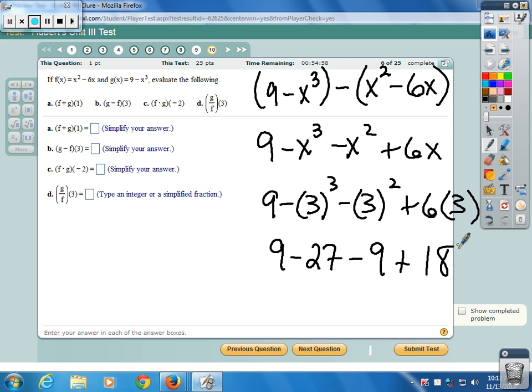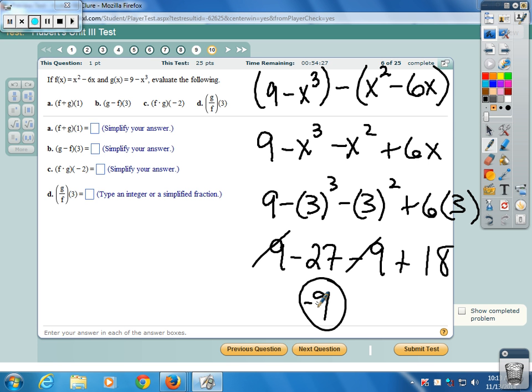And the 9s, what happens to the 9s? They cancel. And negative 27 plus 18 is negative 9. Y'all check me. Is that what y'all got? The way I did it, I got 9. Yeah, so we do positive.